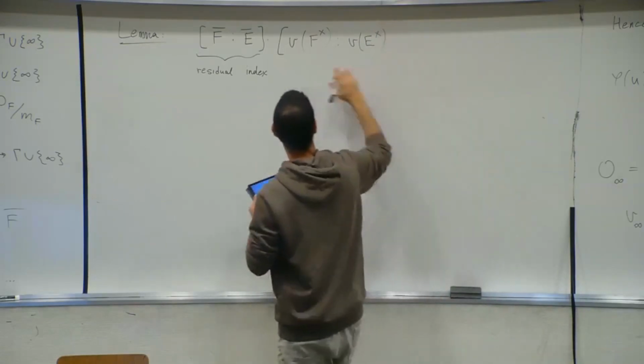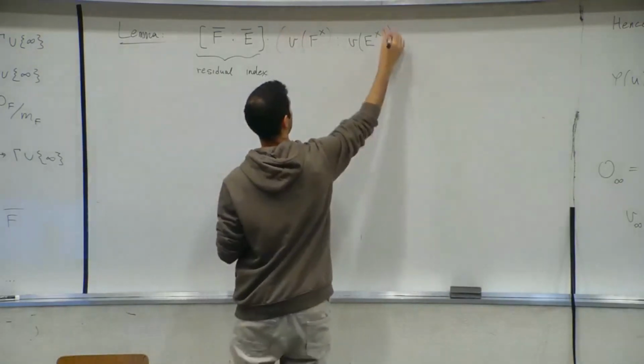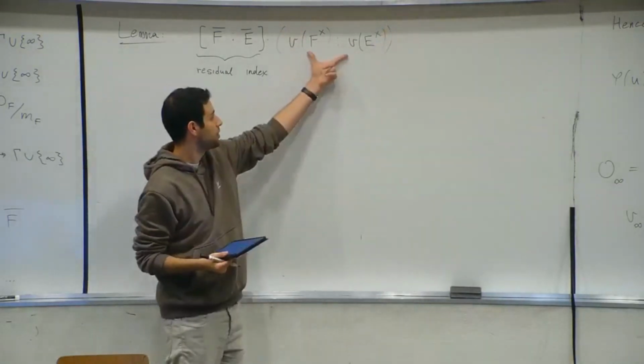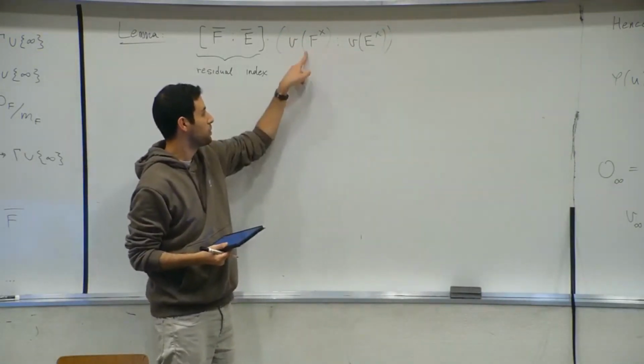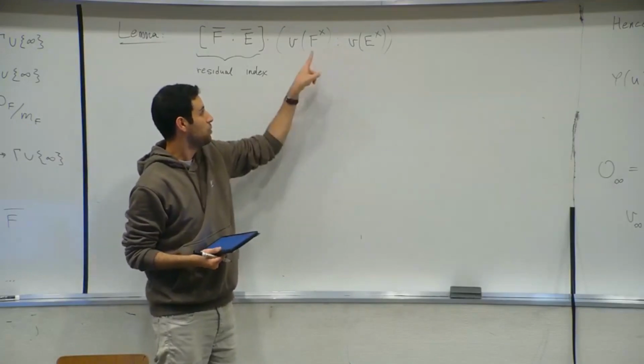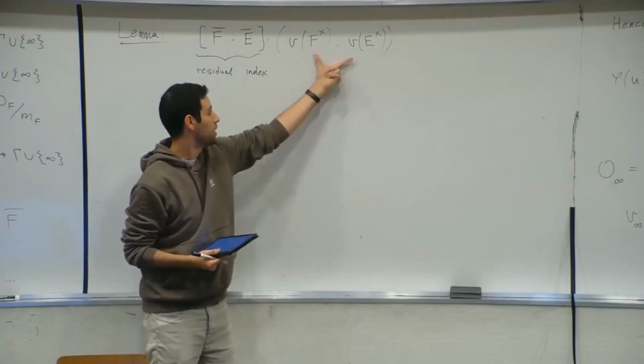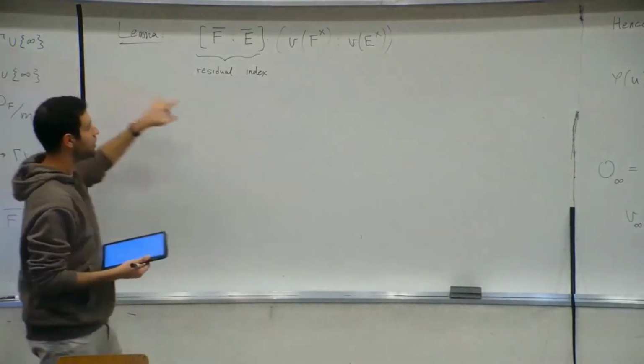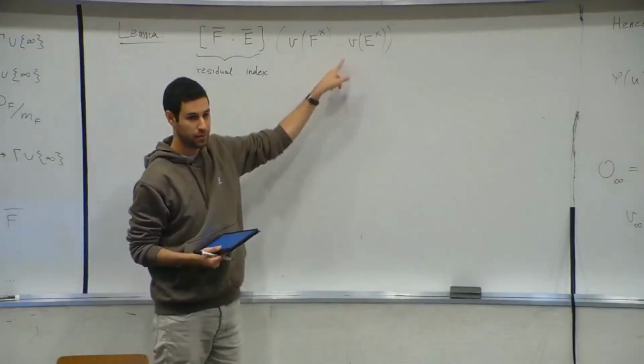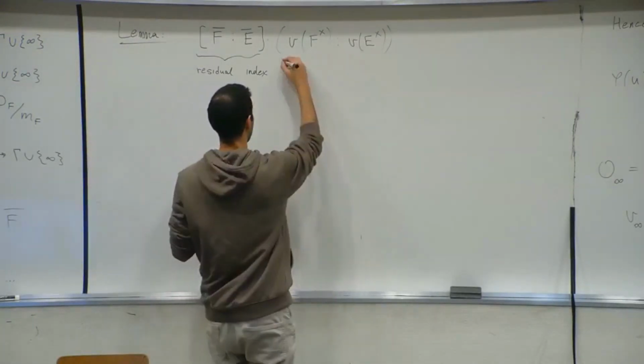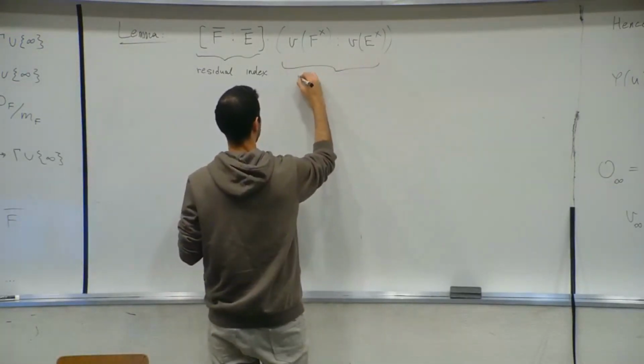So this is a subgroup of this group. They are both subgroups of Gamma. And this is just the index of this subgroup, and this is called the ramification index.